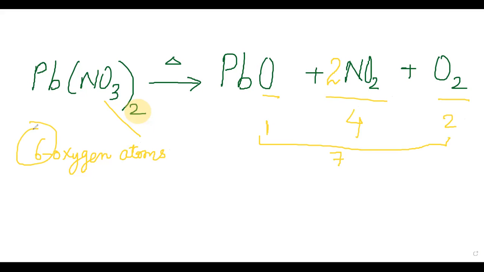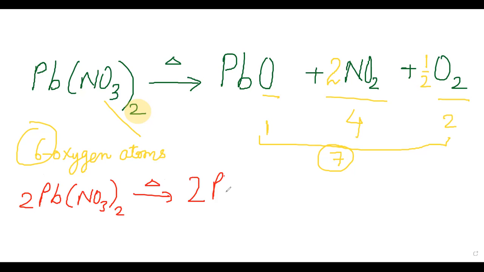This is 6 oxygen atoms, this is 7 oxygen atoms. I will reduce 1 by multiplying it by half. After that, I have to multiply throughout with 2. 2 Pb(NO3)2 will give 2 PbO plus 4 NO2 plus 2 multiplied by half is equal to 1.